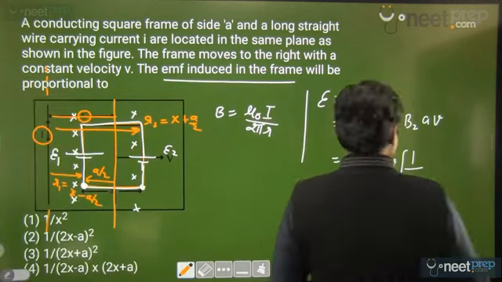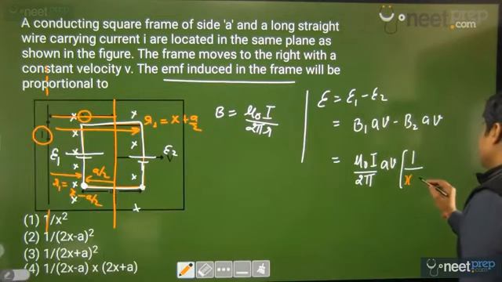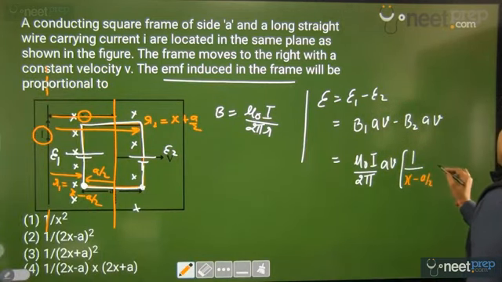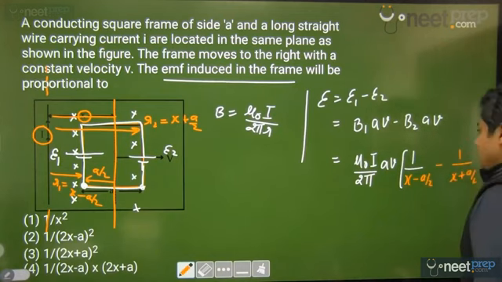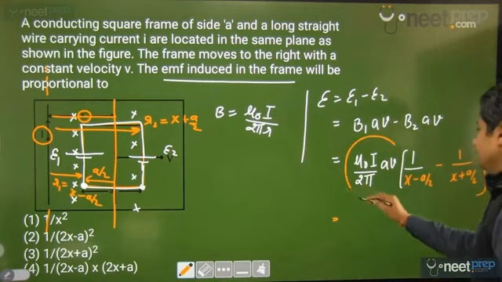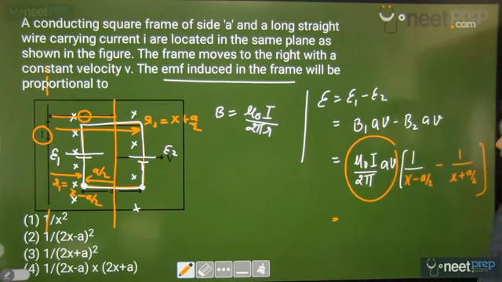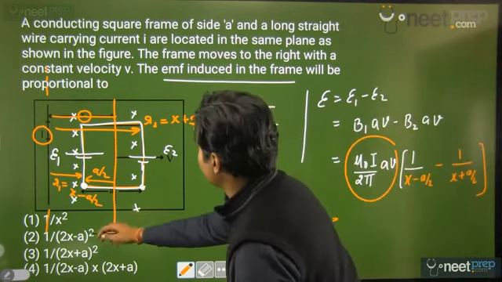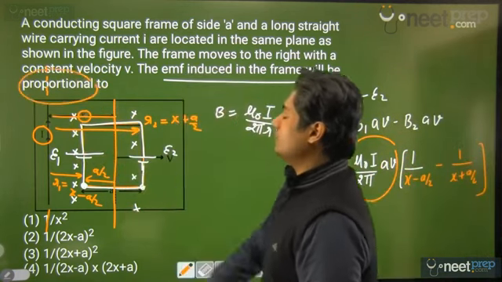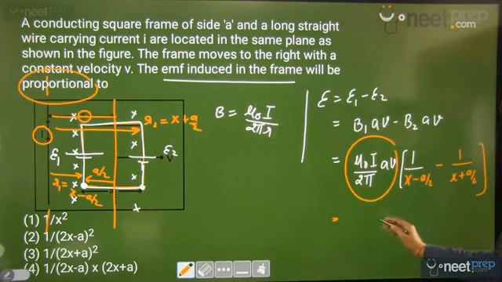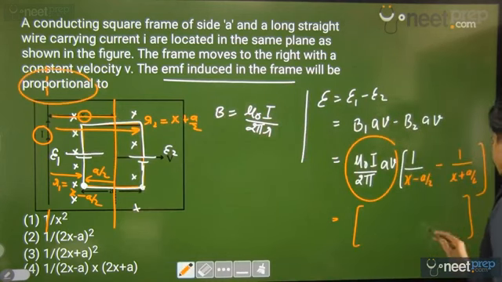So by putting the values, 1 upon x minus A by 2 minus 1 upon x plus A by 2. Now this will be a constant, so we have to ignore it, because we just have to find the proportionality, so we don't have to worry about the constants. So I am just writing the expression.